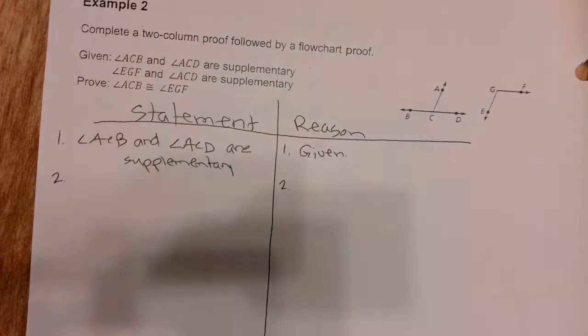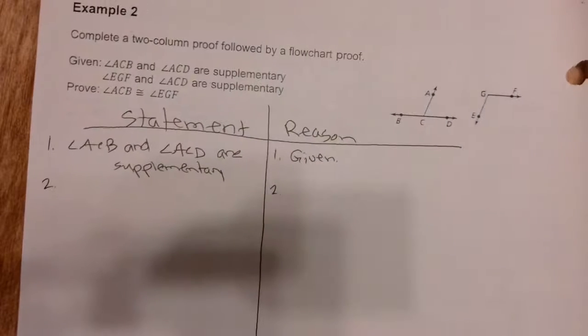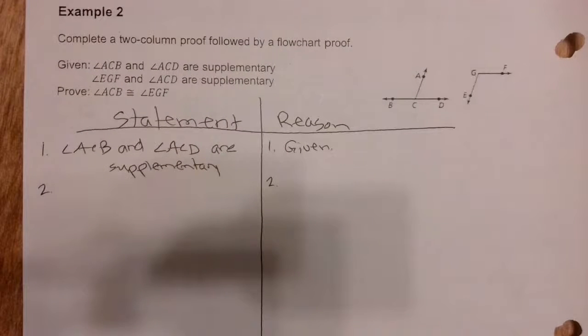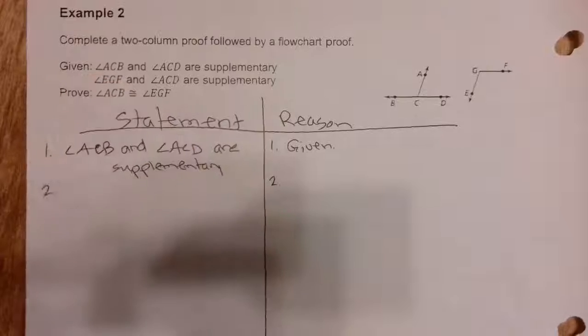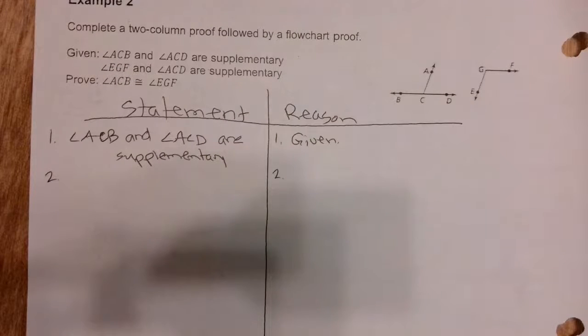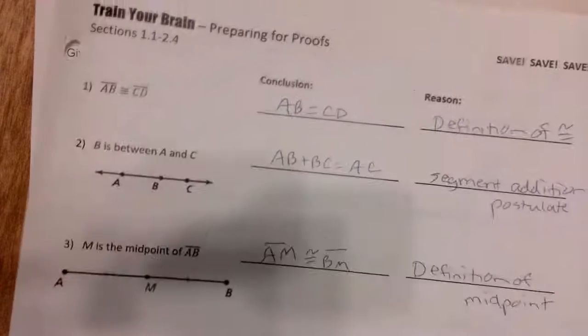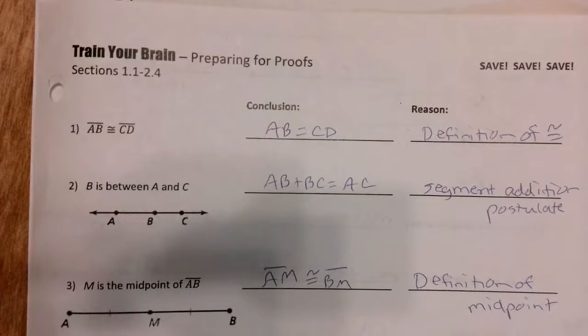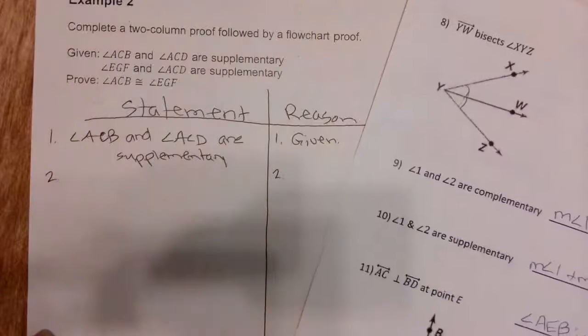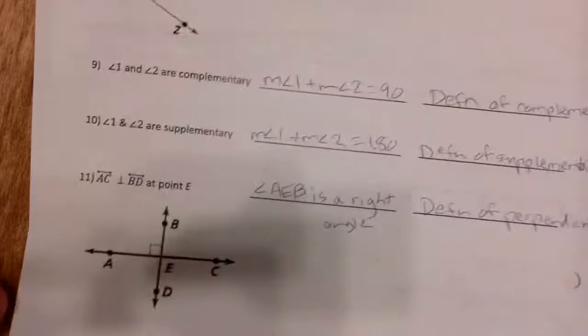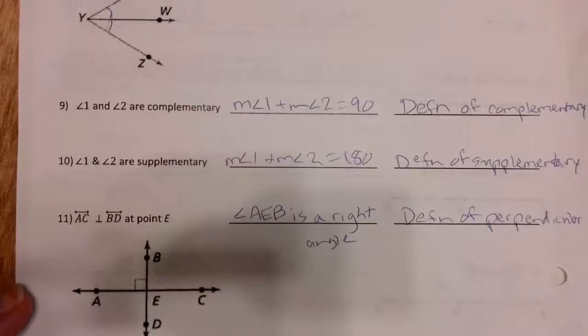Great. They're supplementary. So what? What does that tell us? What can we conclude once we know that they're supplementary? Well, going back to your Train the Brain worksheet, where is supplementary stuff? Number 10.